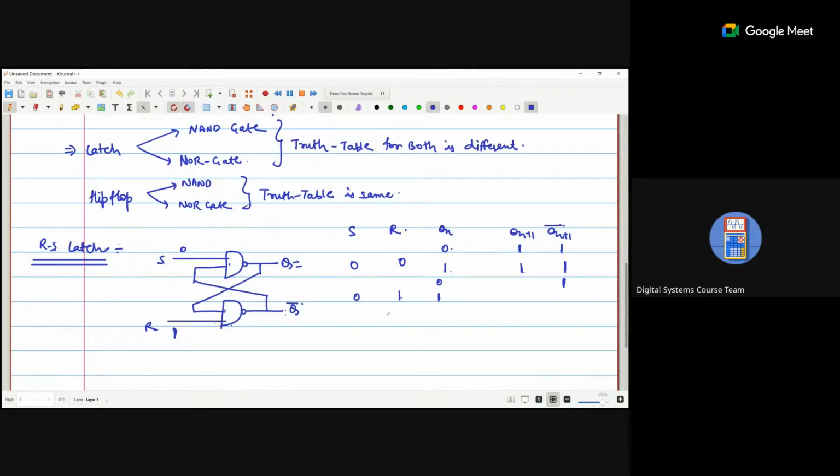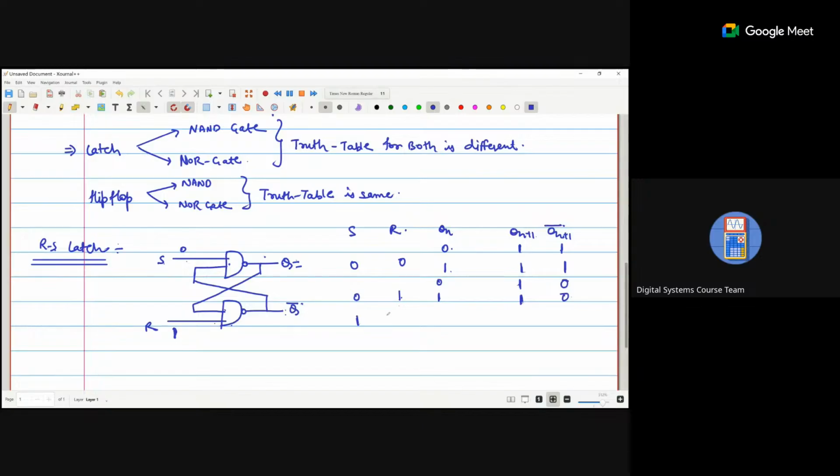So 0, 1 becomes 1. It will go into this, so 1 and 1 becomes 0. So it is 1, 0.